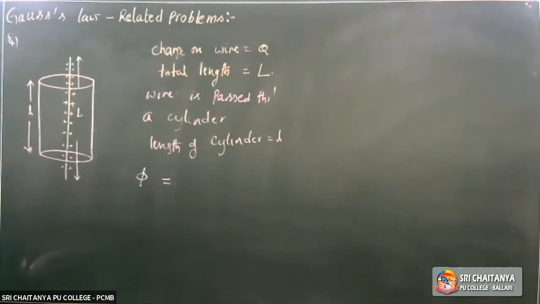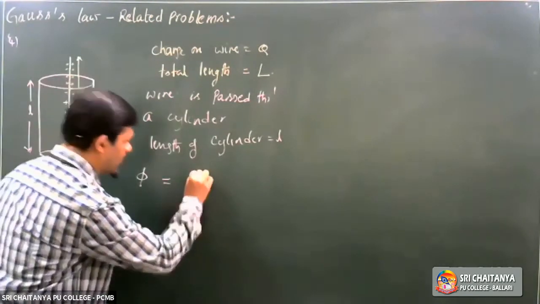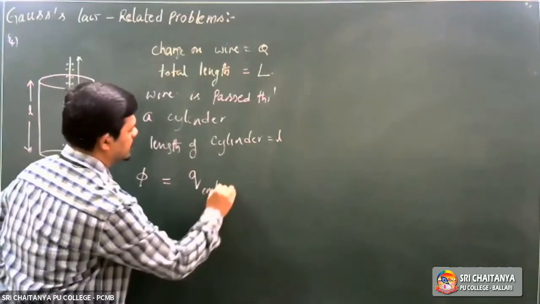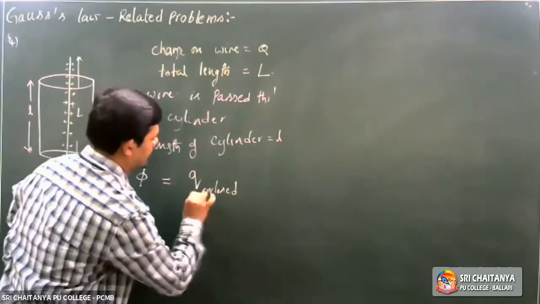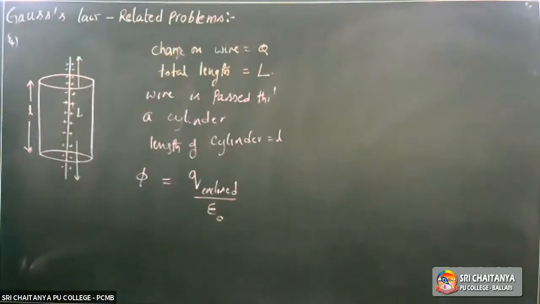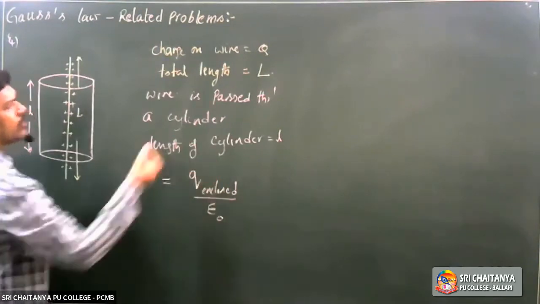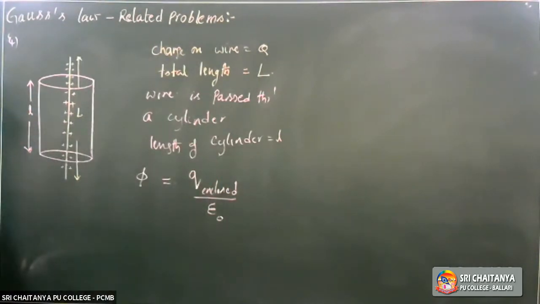This is the question. For the flux, you have a formula: total charge enclosed by epsilon naught. Here, what we need to find is the charge enclosed. If you can find it, the problem is over.